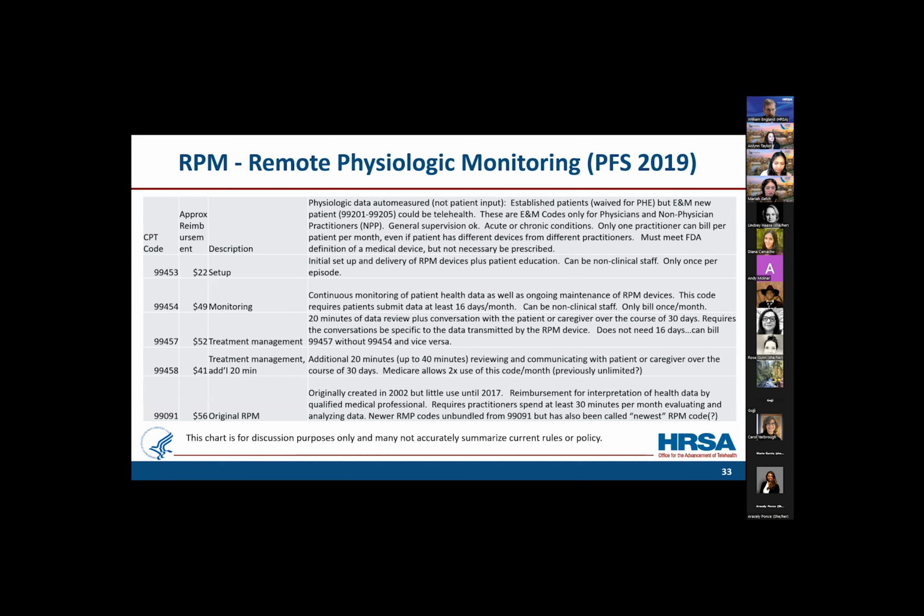Then there are codes for treatment management, the provider reviewing the data that's coming in and consulting with the patient for 20 minutes or an additional 20-minute code to discuss what am I seeing in your data and how does that affect your treatment. And then what I characterize as the original RPM code, 99091, created in 2002, but it didn't really get into heavy use until just recently. Next slide.